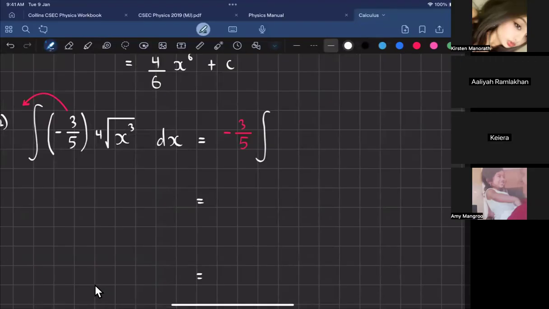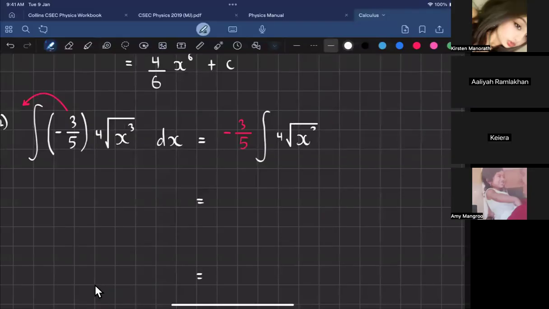Yeah, we're going to call it a constant. So you pull it out, and that would leave you with this thing on the inside, right?